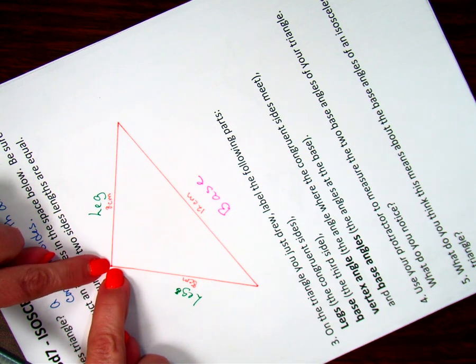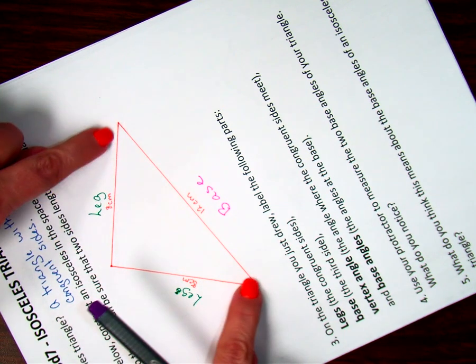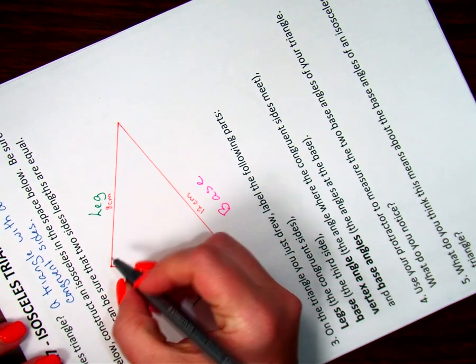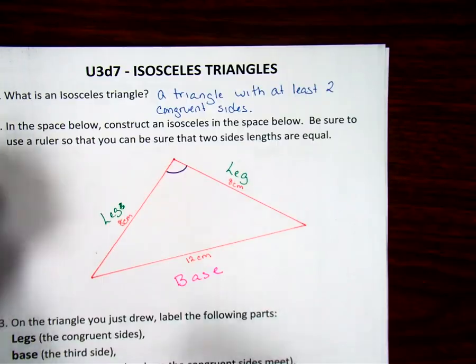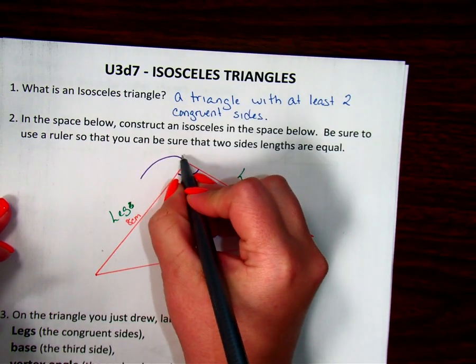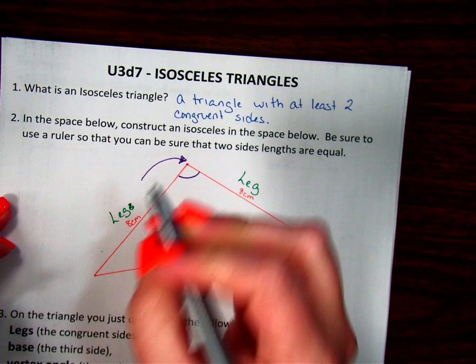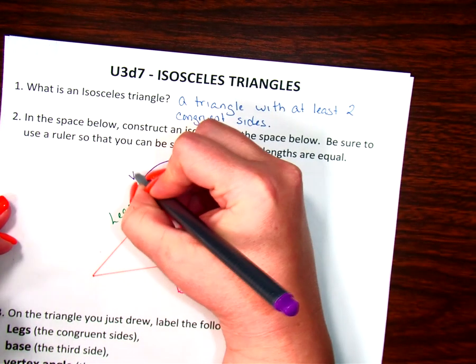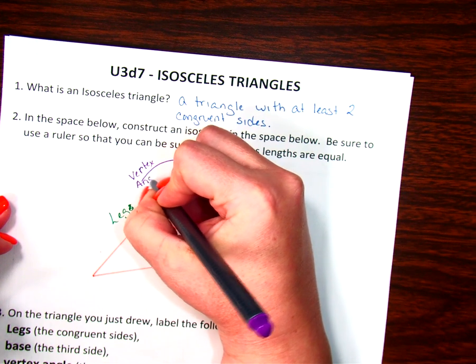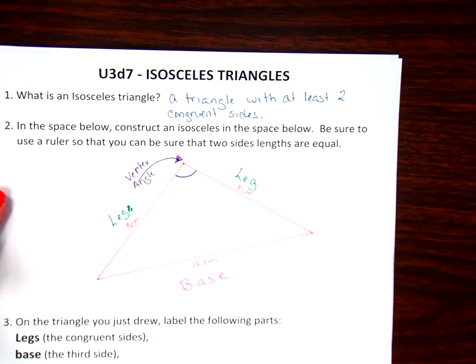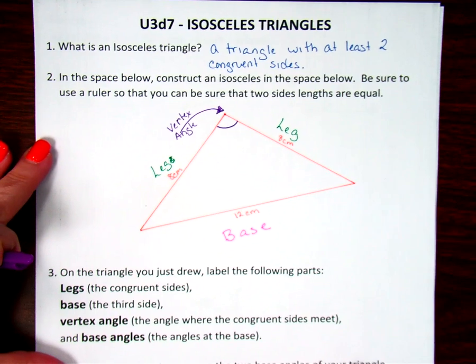So it's not always at the top, your vertex angle. It's just where your two legs meet. So this angle right here is my vertex angle. Okay, so that's my vertex angle.